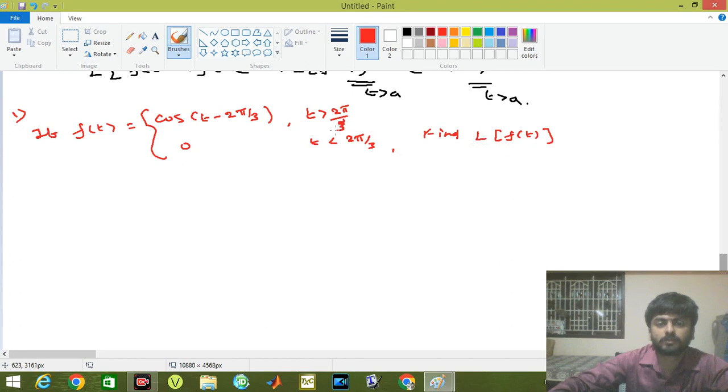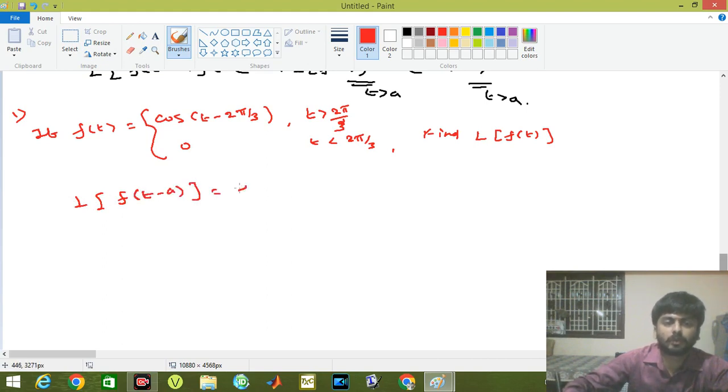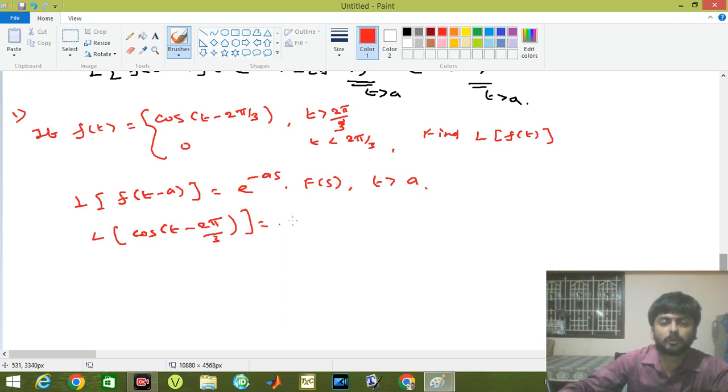Now I am going to take it as L of f of t. I have given a result now: L of f of t minus a equal to e power of minus as into f of s, where t greater than a. This is not going to affect the result. So L of cos of t minus 2 pi by 3 equal to e power of minus as into L of cos t.